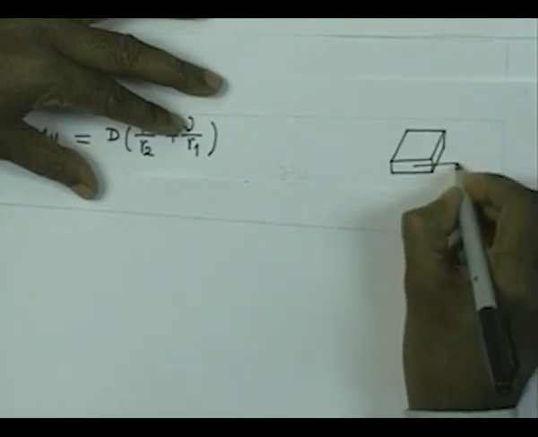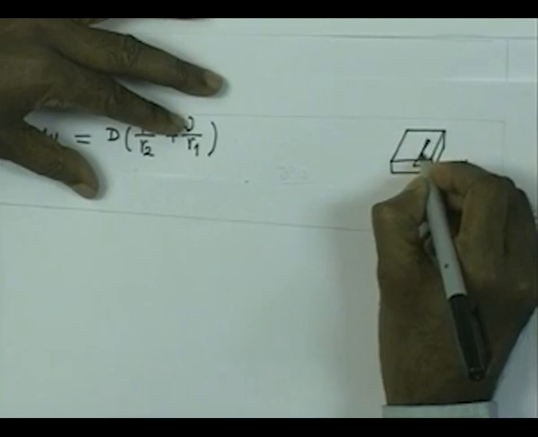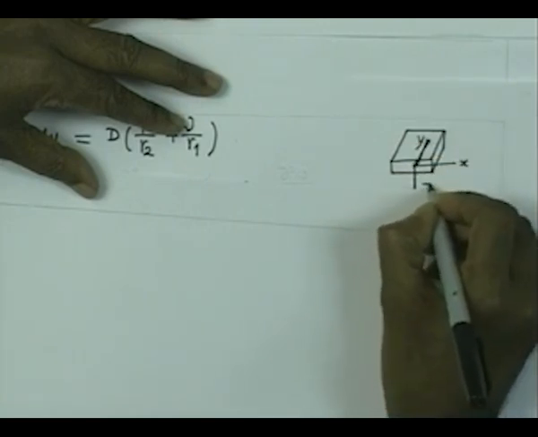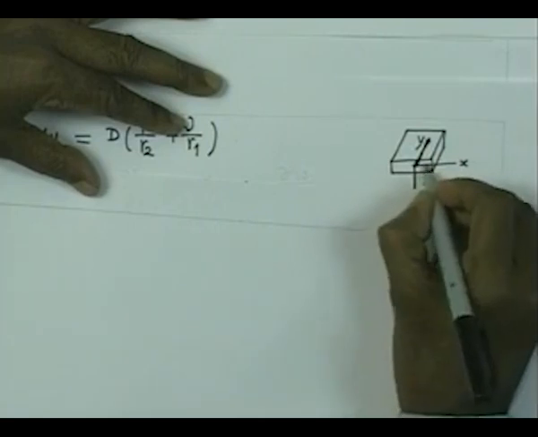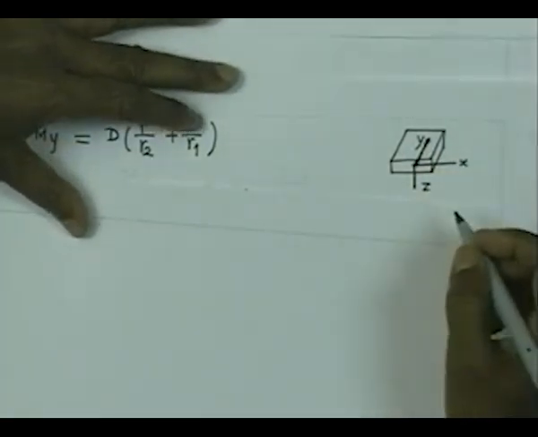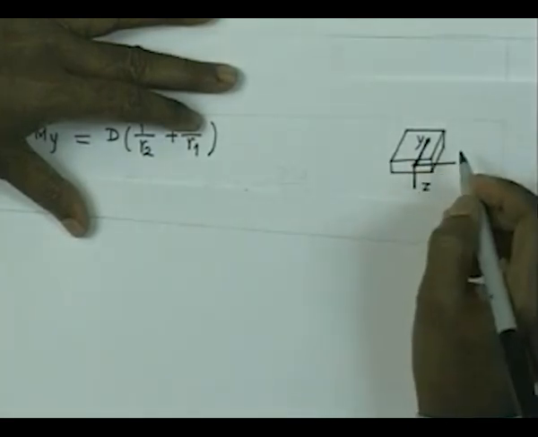In fact, our x axis is like this, y is directed like this, and z is in this direction. So, these are the three axes, and the plate is curving in the negative z direction.